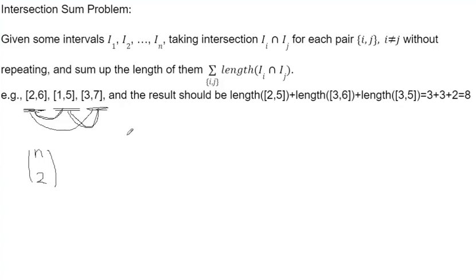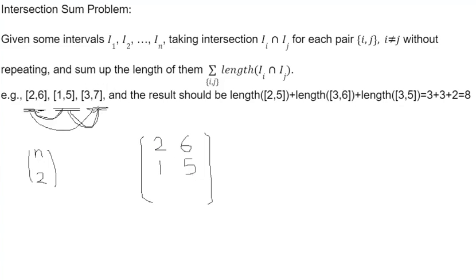A general way is to put all those intervals into a single matrix. Let's say we have a matrix, and we put our first interval 2, 6 in our first row. And put our second interval 1, 5 in our second row.